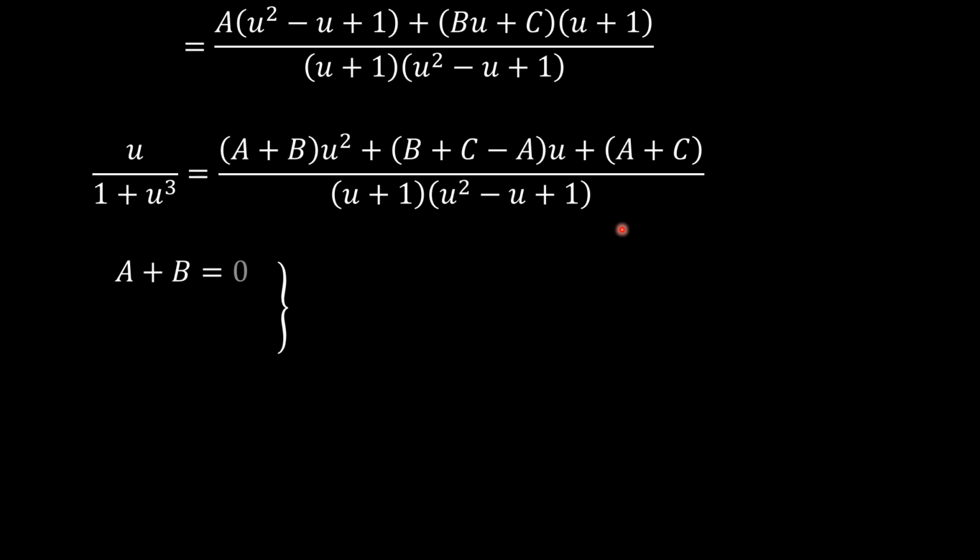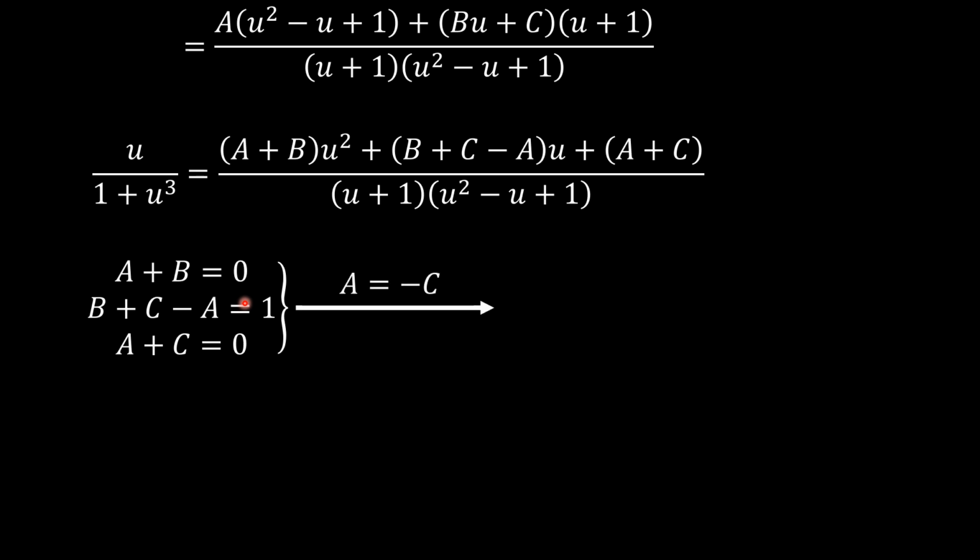So beginning from that, a plus b being equal to 0, b plus c minus a being equal to 1, and a plus c equals 0, if we deduce from this that a equals negative c, then a plus b equals 0, and here we've combined this, c being negative a, so we have negative 2a plus b equals 1.